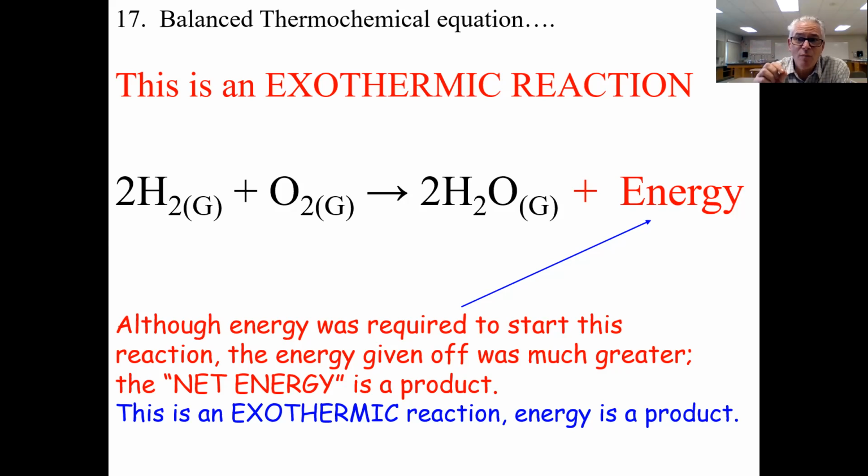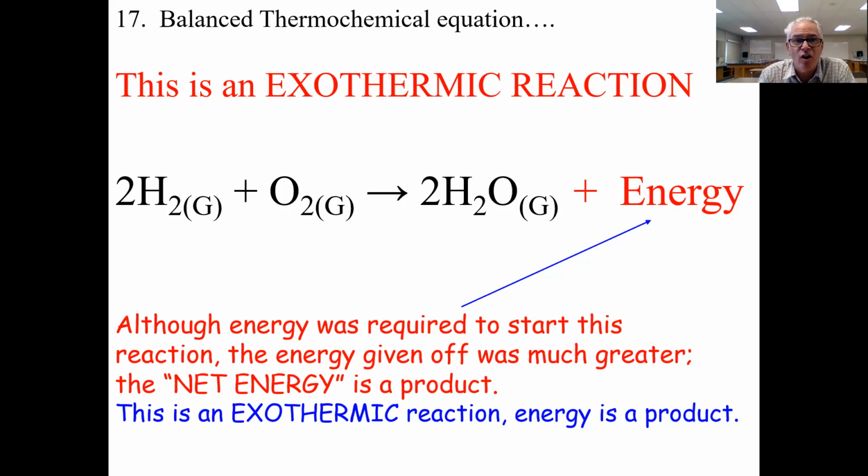But for every 2 molecules of hydrogen, 1 molecule of oxygen was used up and combined to form 2 waters, and a lot of energy came out. That was that fireball. Now, energy went in, right? I had to use the candle to get it started, but a lot more energy came out. So net, overall, way more energy came out than went in.